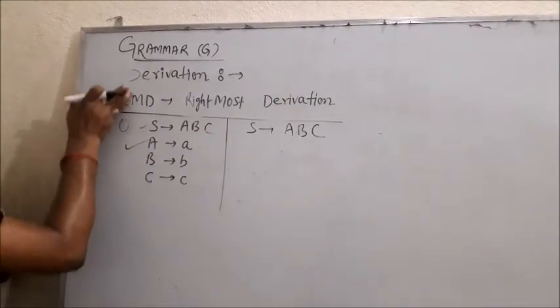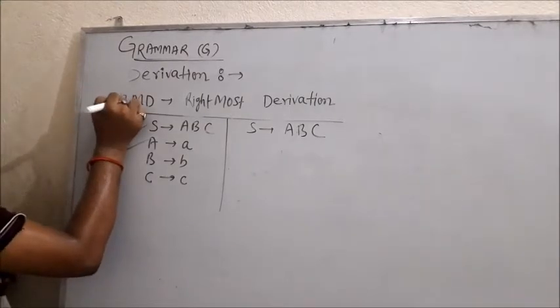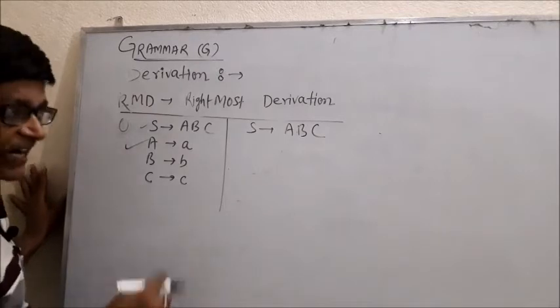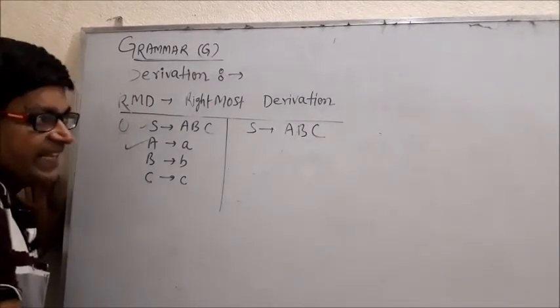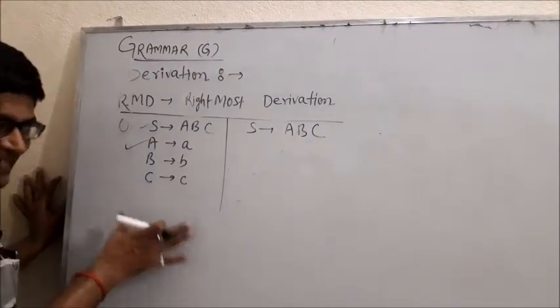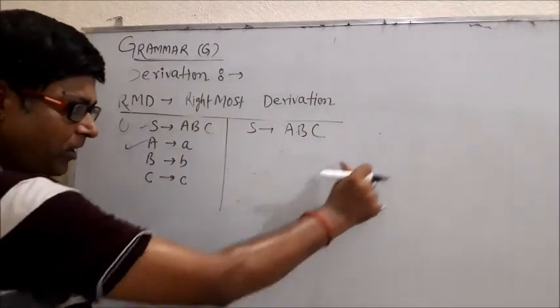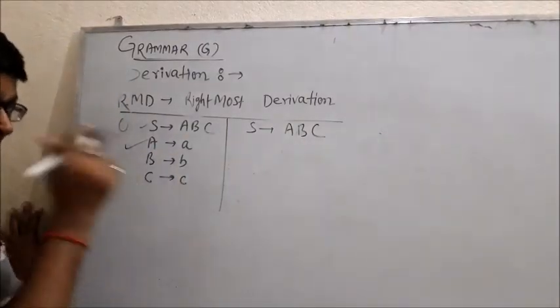Next, discuss about RMD. RMD is also known as rightmost derivation, and in this derivation I am taking the same example. I will start with S tends to ABC. Now the derivation will progress from right to left. See how?